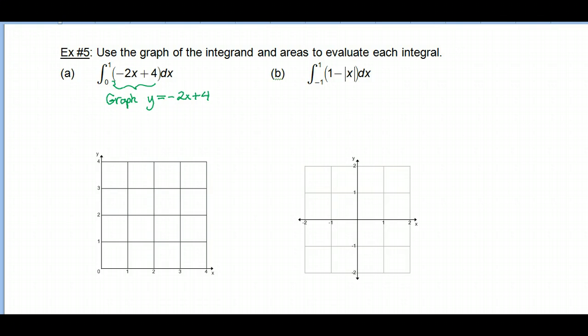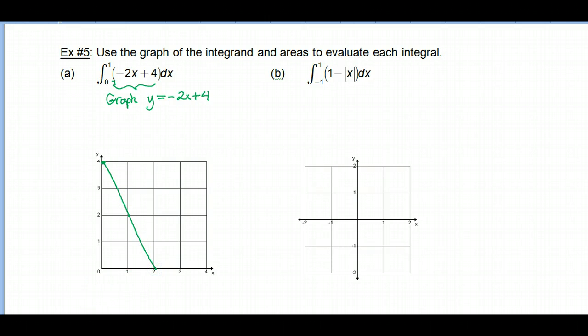What does y equals -2x plus 4 look like? It's a line with a negative slope, with a y-intercept at 4, and it has a slope of -2, so down 2 over 1, down 2 over 1.